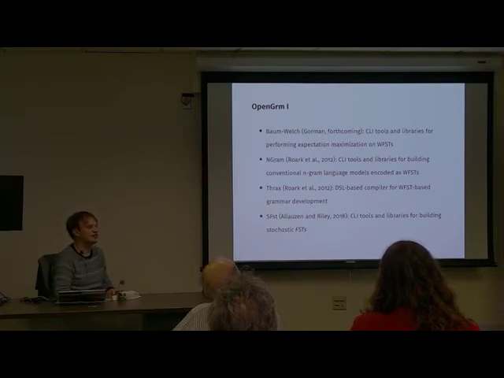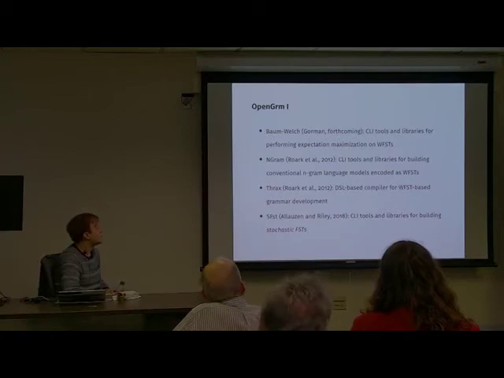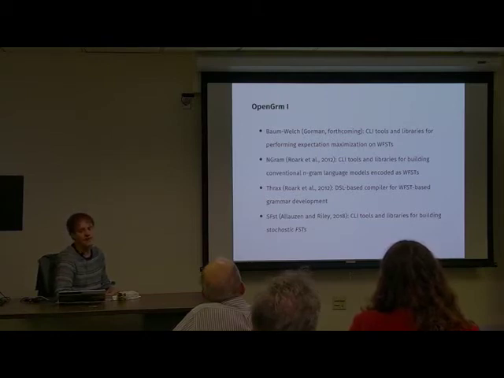It's a very thin layer of code on top of OpenFST itself. We have command line tools and libraries that allow you to build conventional n-gram language models encoded as WFSTs. That's an incredibly fast and easy to use tool. If you perhaps use the SRI tools or KenLM, I really think this one is superior. Also, it's incredibly fast. You can build just gigantic models with this tool.